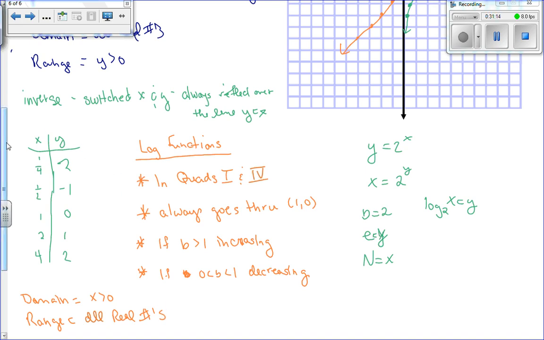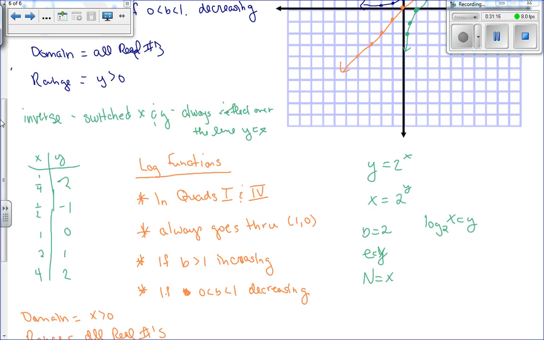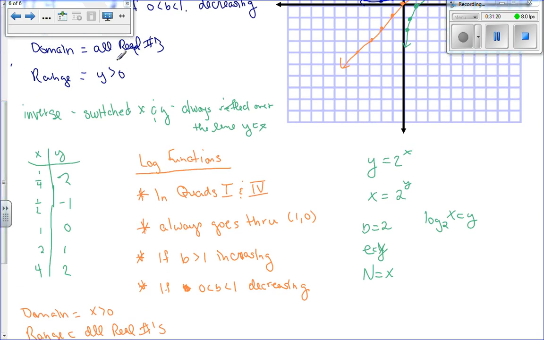Remember, they're inverses, so they switch, which means their domain and their range also switch. So my domain for an exponential is all real numbers, therefore my range is all real numbers. And in an exponential function, my range is y is greater than 0, so my domain for my logarithmic function is x is greater than 0.